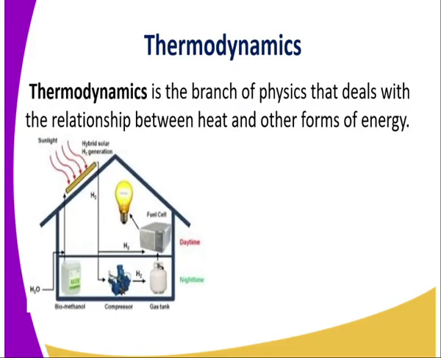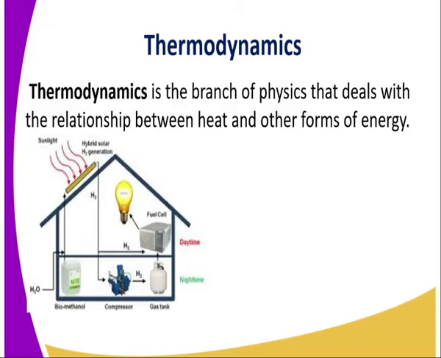We also have thermodynamics. Thermo means heat. So basically this branch of physics deals with the relationship between heat and other forms of energy. From the diagram we have here, it can explain why some of the areas in our country which are hot, the rooms are painted white.